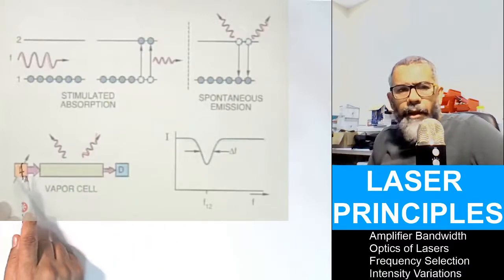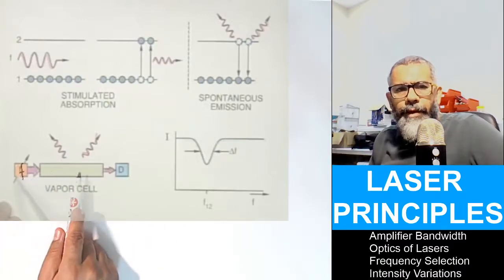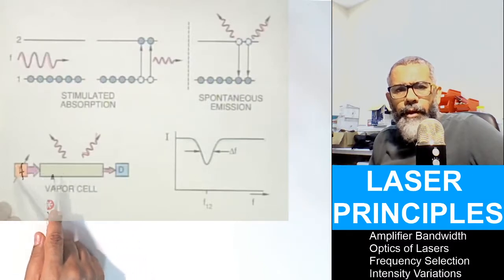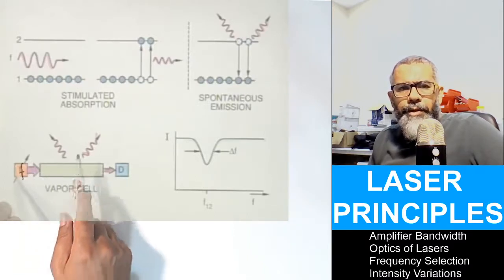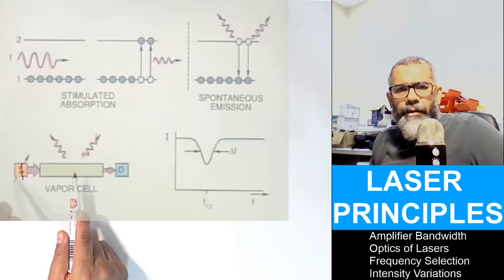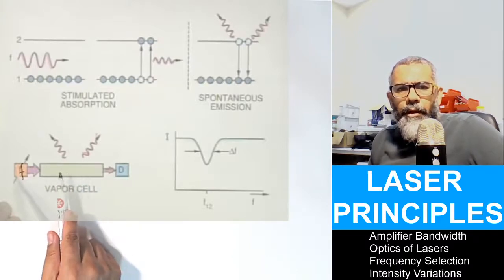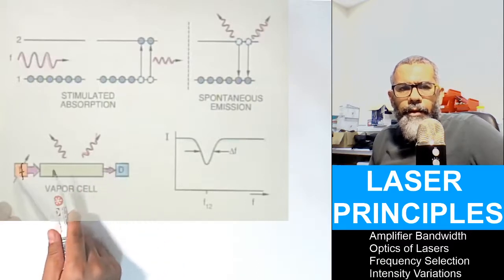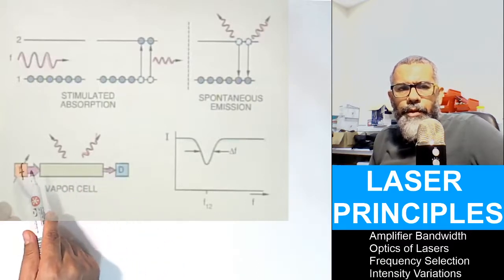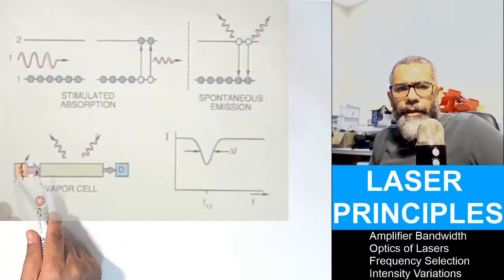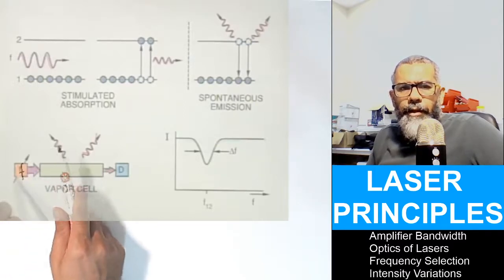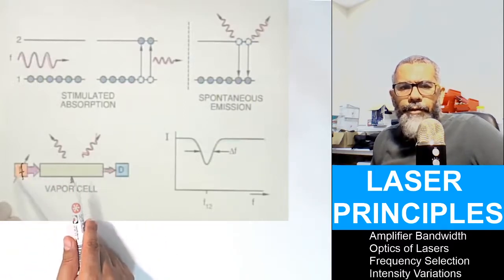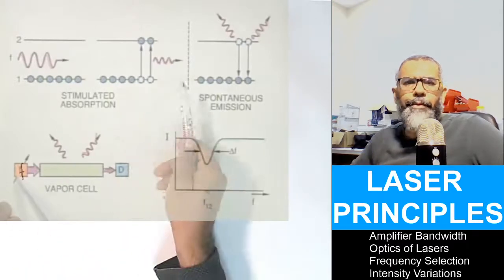When you send a certain frequency to this vapor cell, so that this frequency matches the energy levels of the atoms in the cell, what you see is a glowing light. Although you give the light in this direction, you will see light coming out in every direction out of this vapor cell because of spontaneous emission.